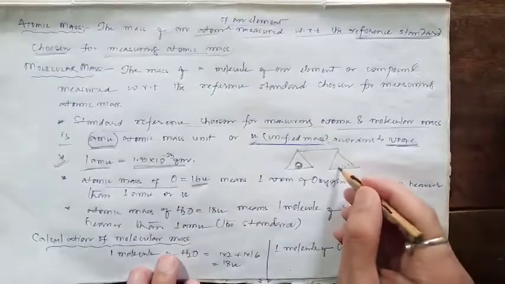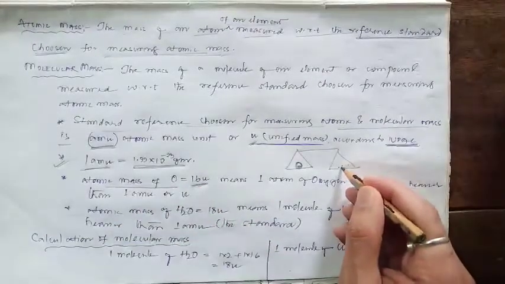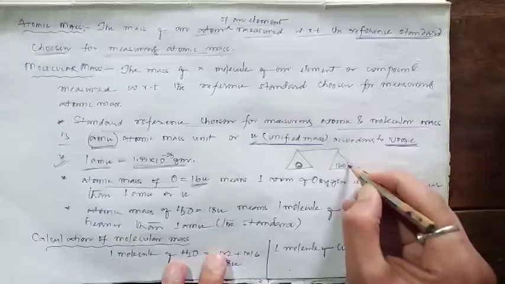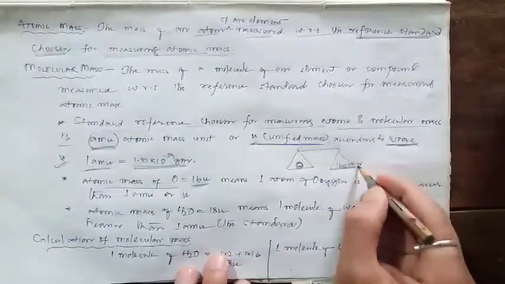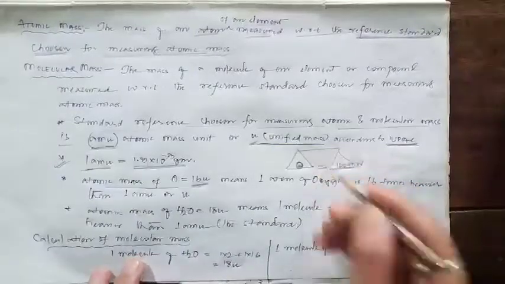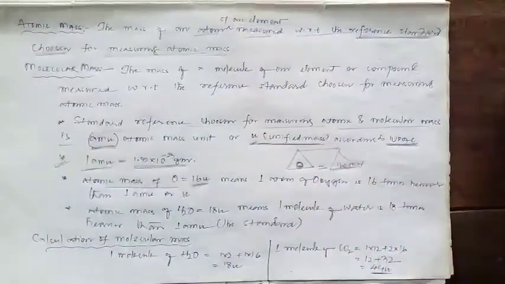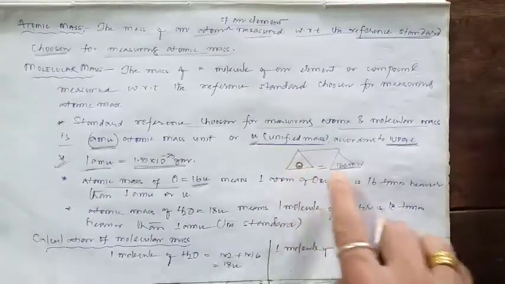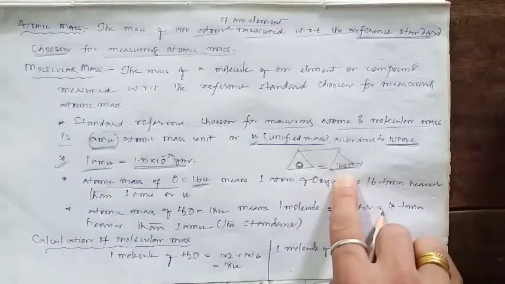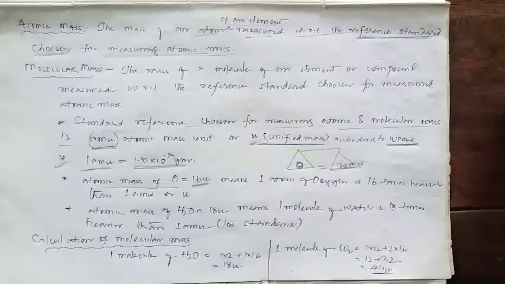I have to put 16 units, 16 AMU. The moment I put the 16 AMU on this side of the balance, both pans will be balanced. It means 1 atom of oxygen is 16 times heavier than 1 AMU. So that's what we mean by this atomic mass unit, and that's how we measure the atomic mass unit.